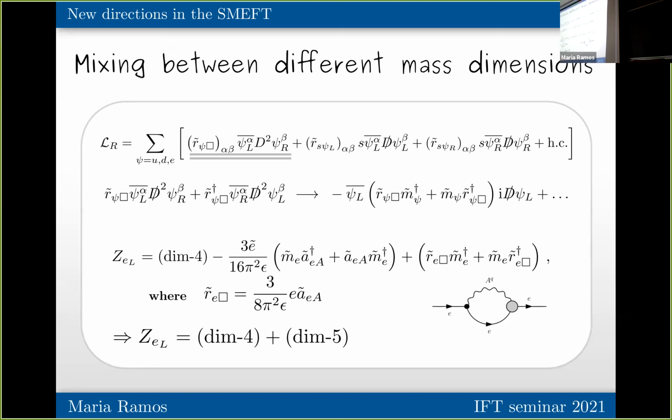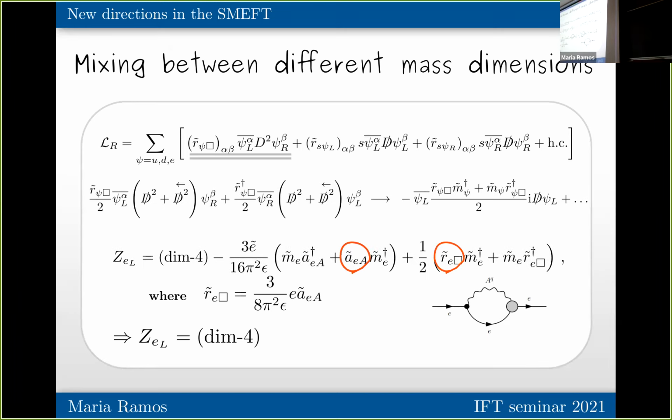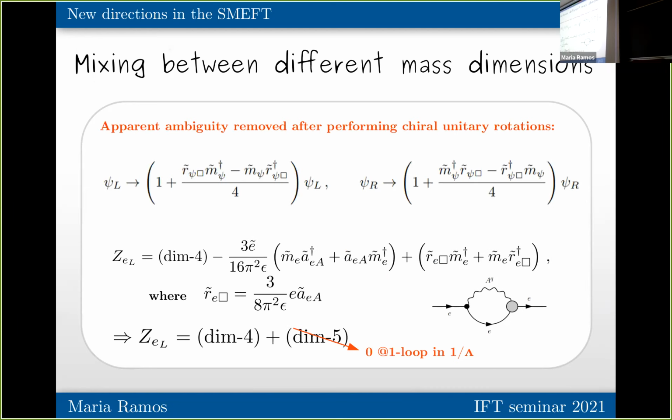But this is not true actually, because you can show that if you integrate by parts your term first and you have a different contribution, then this dimension 5 contribution is completely cancelled out, because you can actually rotate the fields, do chiral unitarity transformations to remove these. So this part here is actually not physical.